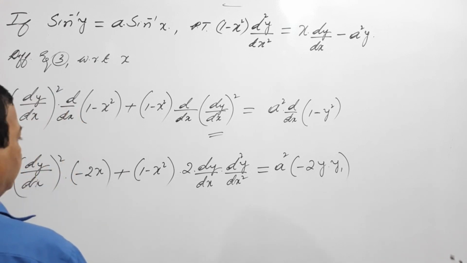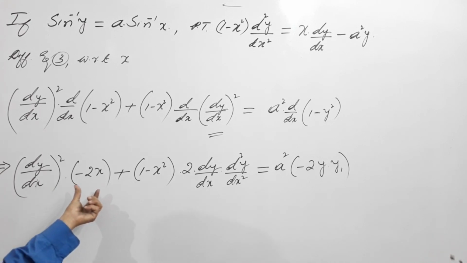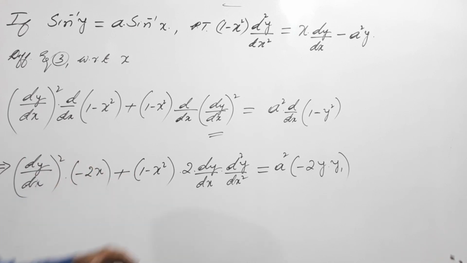So what happens here? We'll differentiate this. What I'll do is, this minus sign to begin with is not nice. I write from the beginning, I hate the minus in it. I rearrange it.